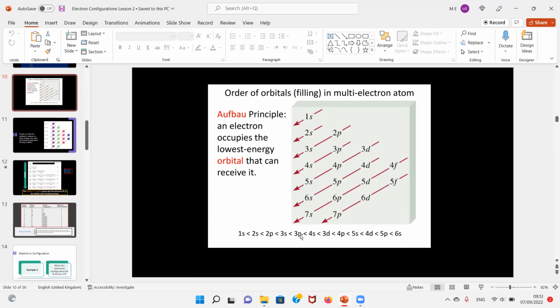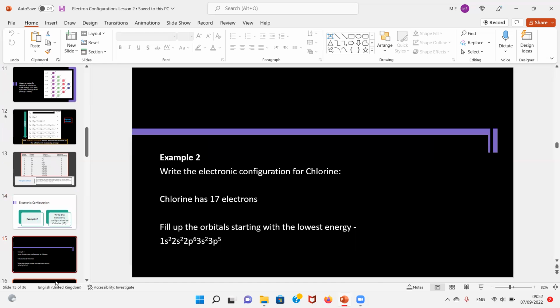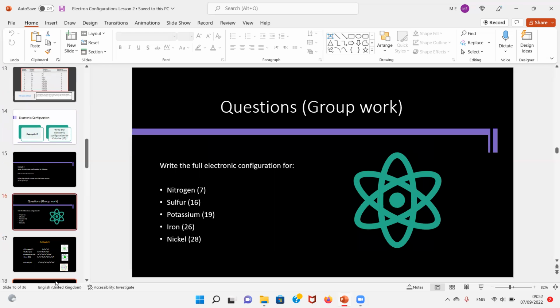The orbital, the subshell, can take less than the maximum capacity. So if the maximum capacity of something is, let's say, 6 in case of p orbital, it can take 5, it can take 4 or 3, but it cannot take 7 or 8. So this is how we can apply the first rule in filling in the electrons in relation to the Aufbau principle.